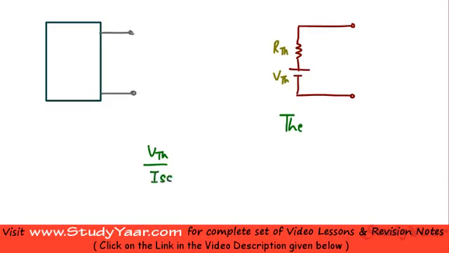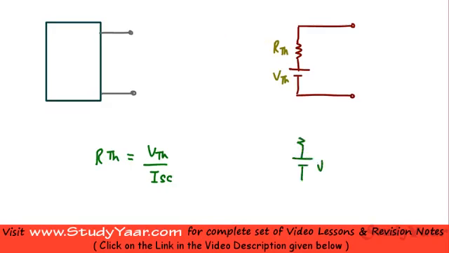The current which flows through these two terminals when they are short circuited is your short circuit current, and VTH upon ISC is your RTH.